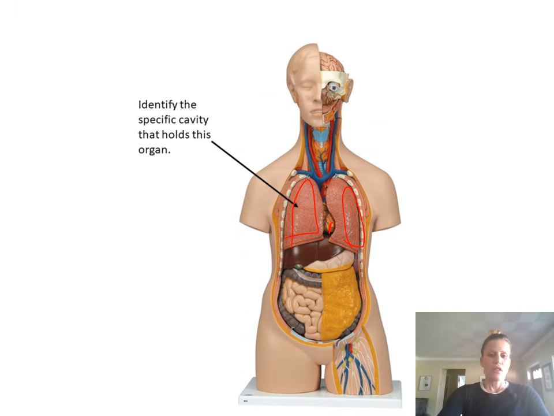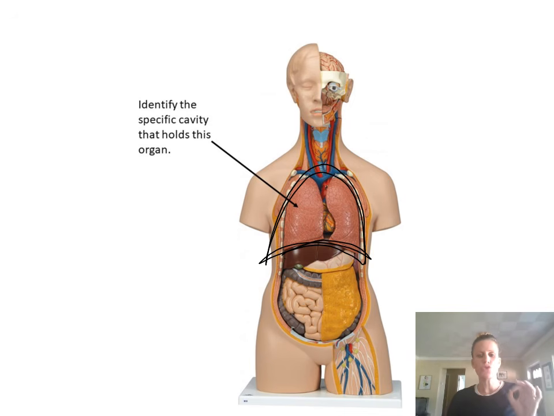So there are multiple cavities present up there in the chest. Remember, above the diaphragm, all of this is the thoracic cavity, but that is not what this question is asking for. This question says the specific cavity that holds this organ, specific. The thoracic cavity holds the lungs, the heart, the thymus, the esophagus, lots of stuff.